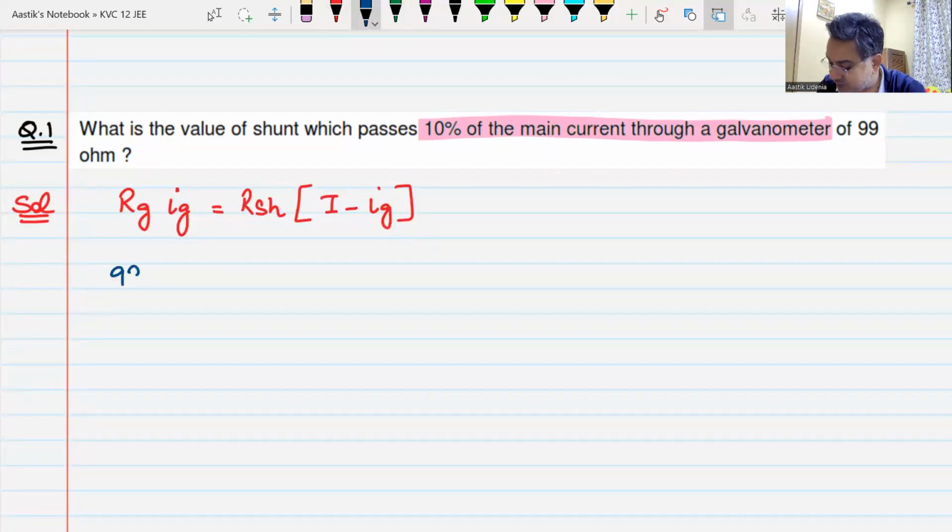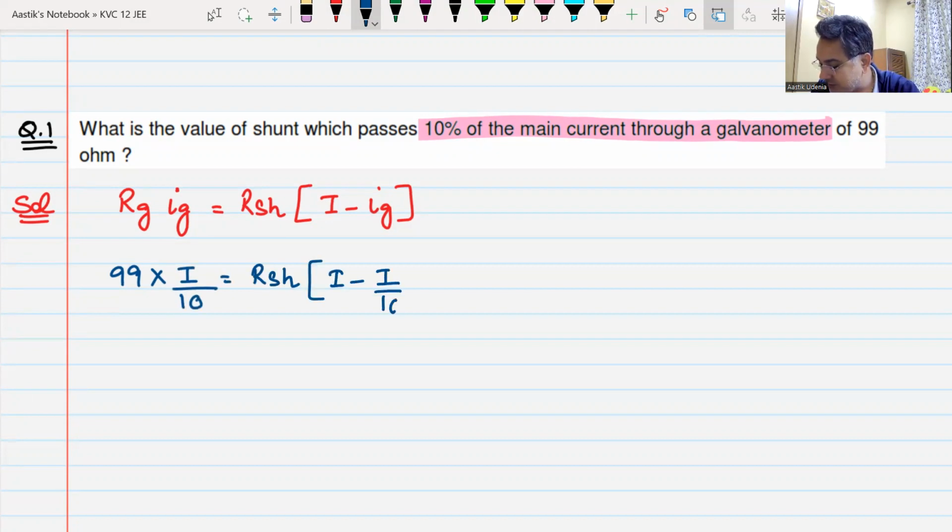Resistance of the galvanometer is given as 99 multiplied by Ig. The galvanometer current is 1/10, so if I call the main current I, it becomes I/10. That should be equal to R shunt into I minus I/10. Just put the values here and get the answer. The value of shunt resistance that you will get from here, how much?